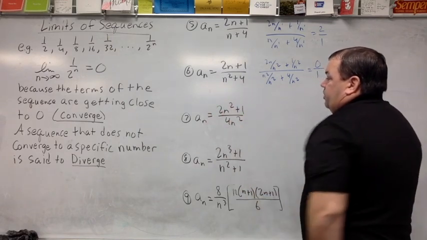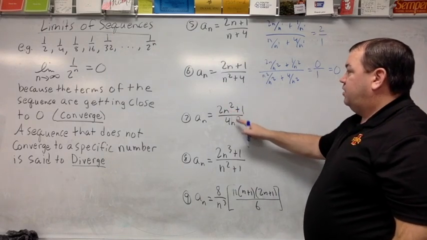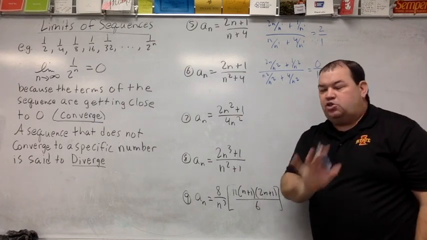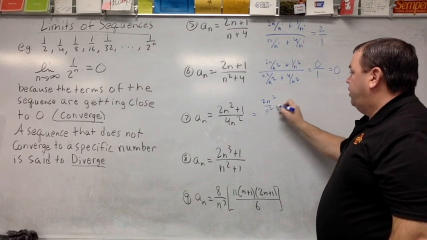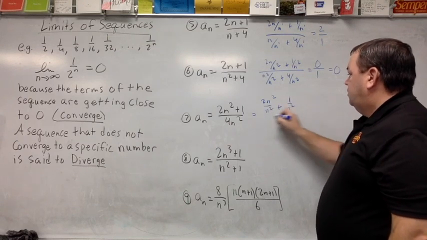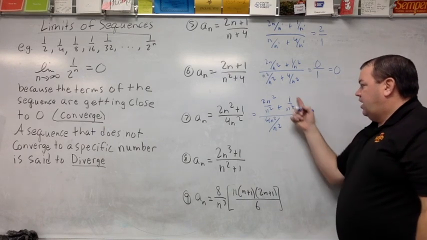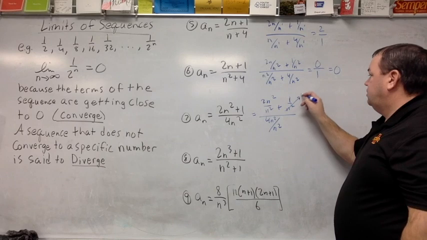Again, the largest power I see is n squared. You'll notice that there's 1 on top and 1 on the bottom. Up here there wasn't. That's going to change things a little, but it doesn't change our process. I'm going to divide everybody by n squared. Again, anything that has an n or an n squared or some power of n on the bottom is going to go to 0.